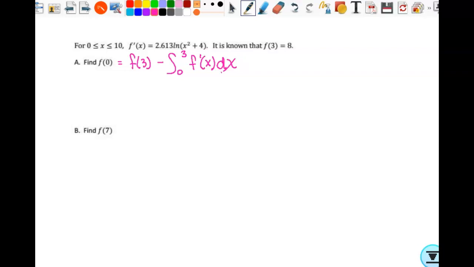Do you agree with my setup? Do we have any questions about the setup? Okay. Then, if you don't have any questions, then you put that in your calculator and let me know what you get.